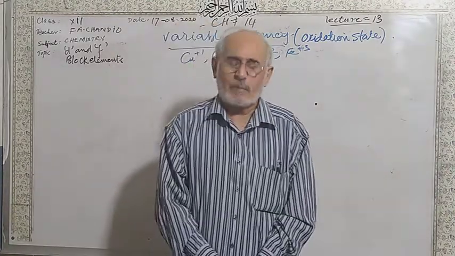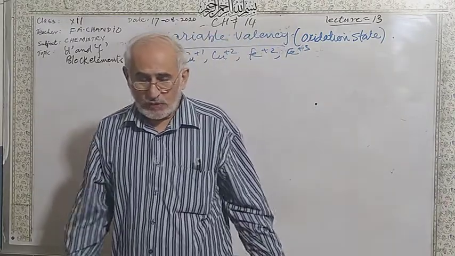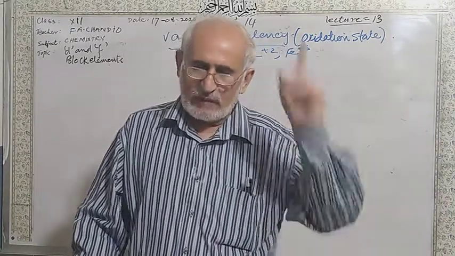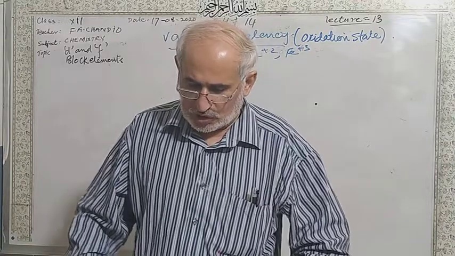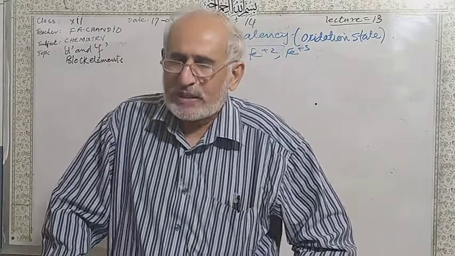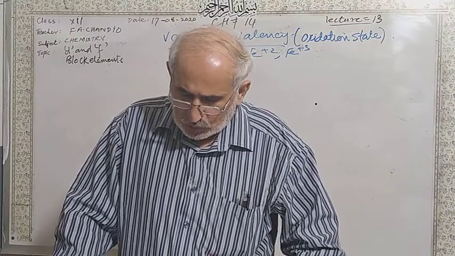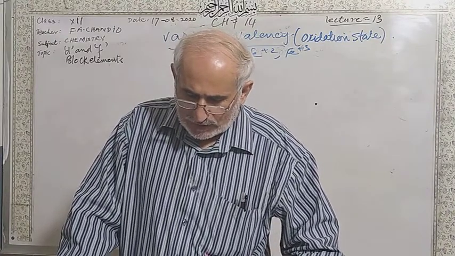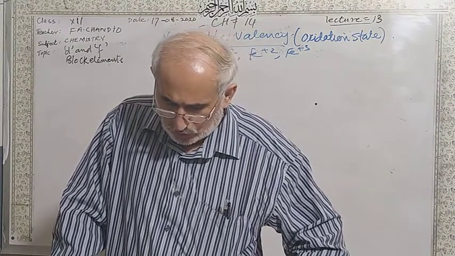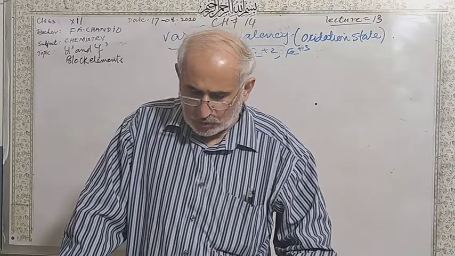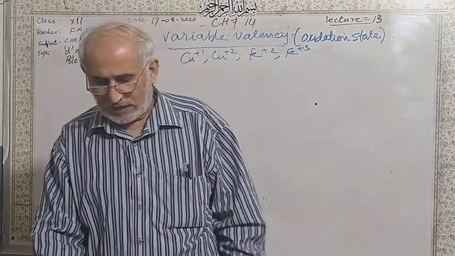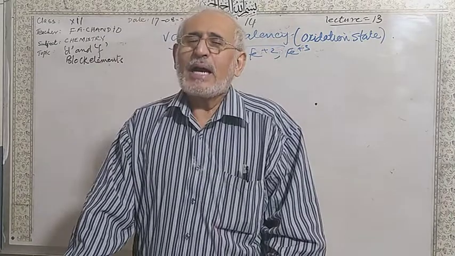Scandium has only one unpaired electron and shows only 2 oxidation states, +2 and +3. Titanium shows +2, 3, 4; vanadium +2, 3, 4, 5; chromium +2, 3, 4, 5, 6, like this.